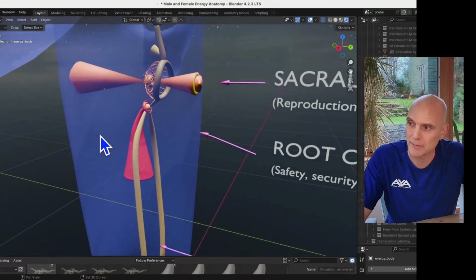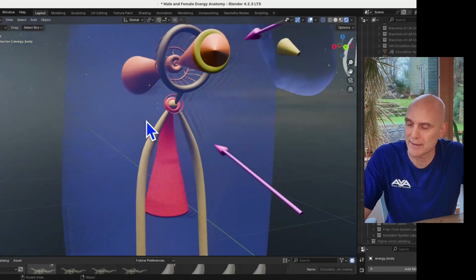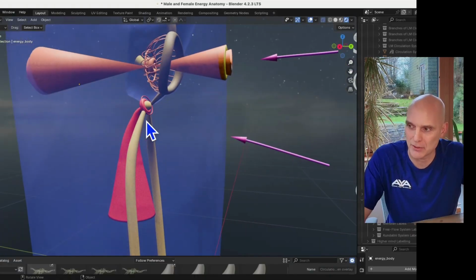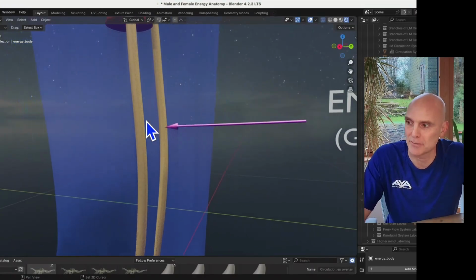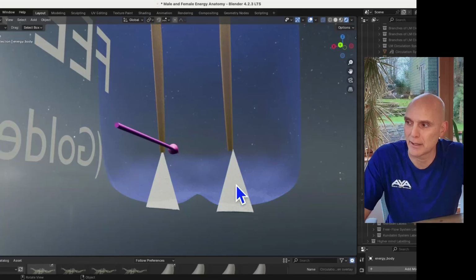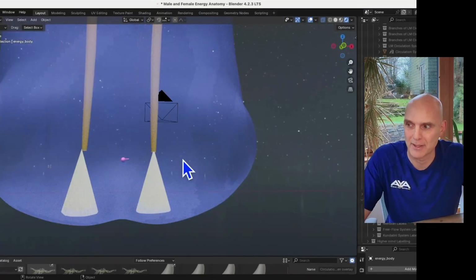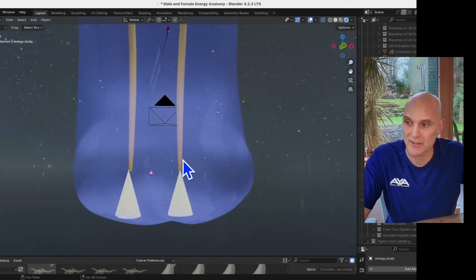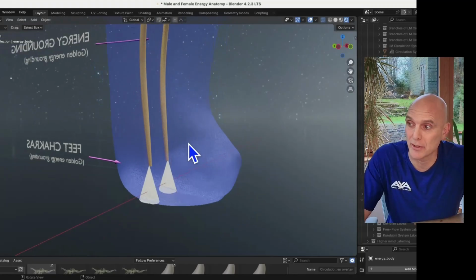But first of all, if you look at the root chakra there and see these 2 vessels which come down, these golden brown vessels which come down both legs and then are attached to the feet chakras. The feet chakras is a chakra which comes out of the palm of the feet, and energy is grounded through those chakras.